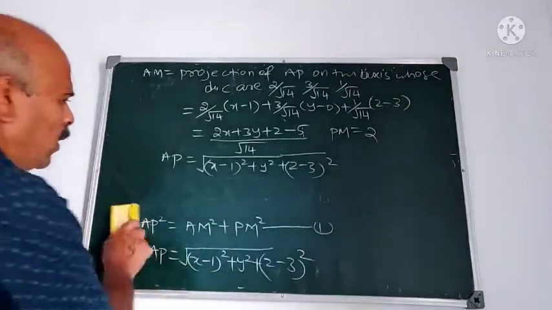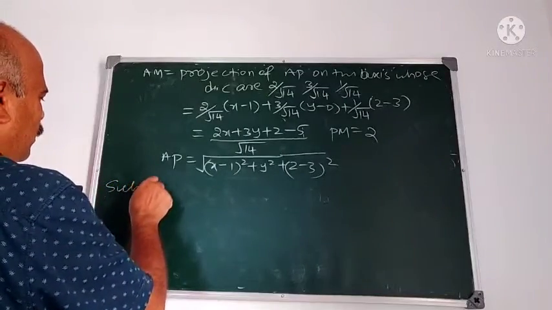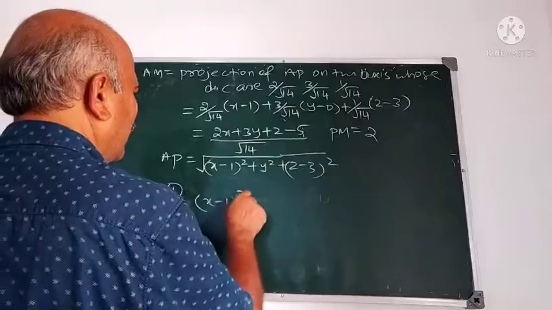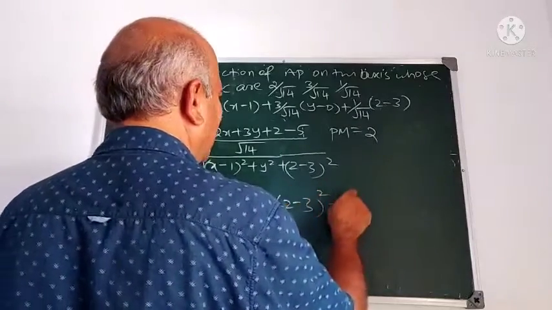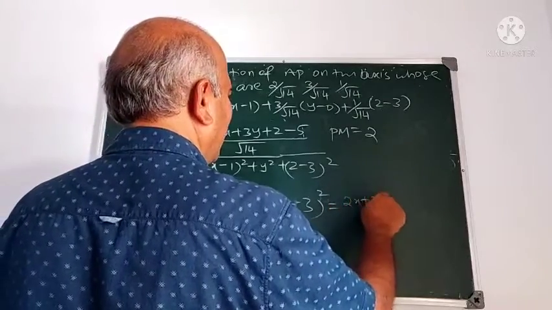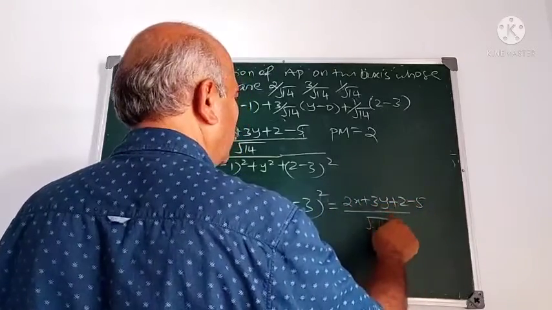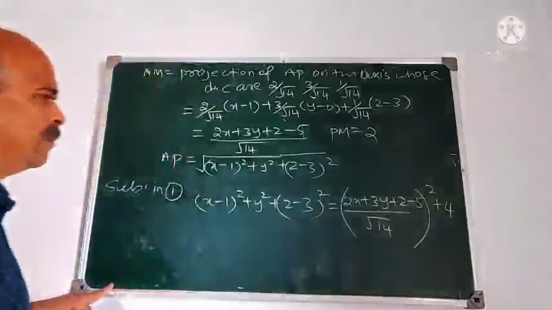Now substituting in 1, we get (x minus 1) whole square plus y square plus (z minus 3) whole square is equal to (2x plus 3y plus z minus 5) upon root 14 whole square plus 2 square, that is 4.